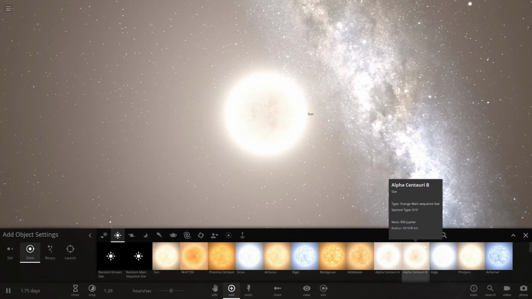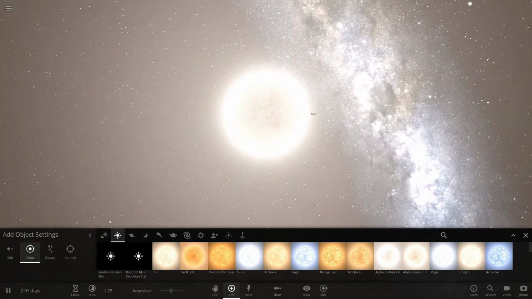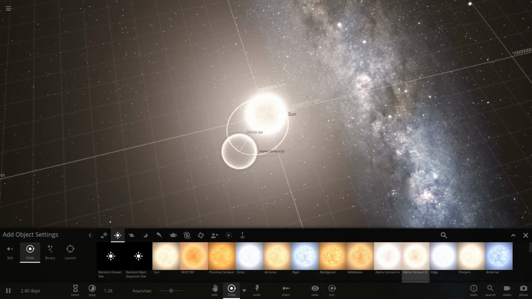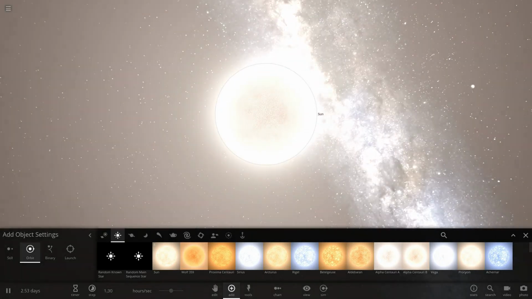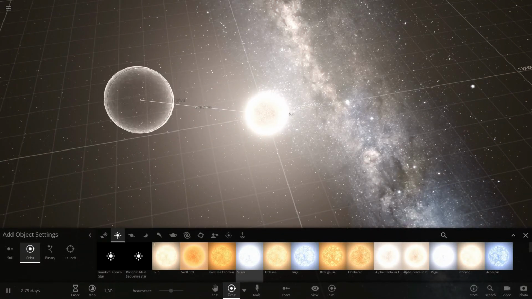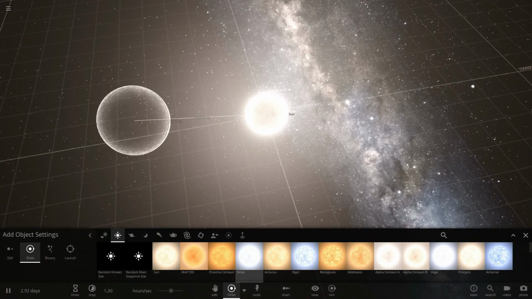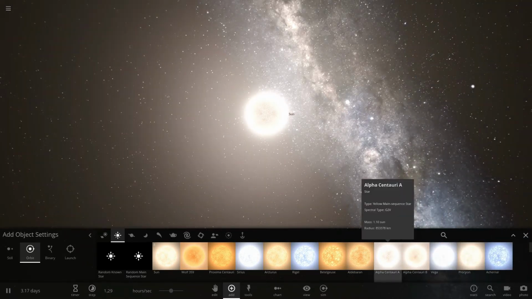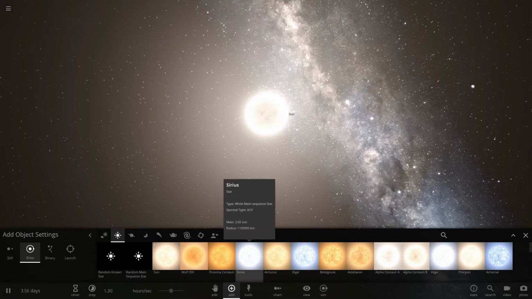Yeah, Alpha Centauri is K1, so it's literally on the edge of becoming a G-class star. While the Sun, for some odd reason, is close to becoming an A-class star. This is an A-class star. The Sun's not even that warm, for crying out loud. I mean, Alpha Centauri A is even closer to becoming an A-class star.